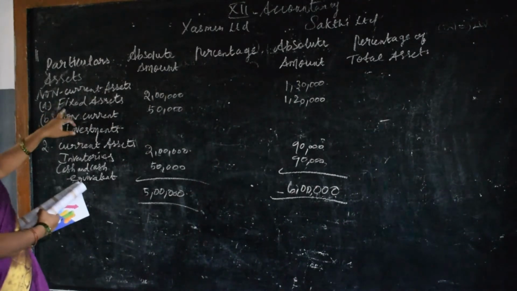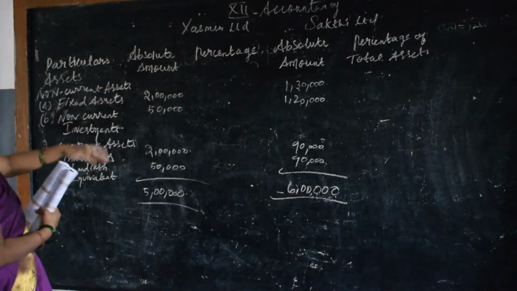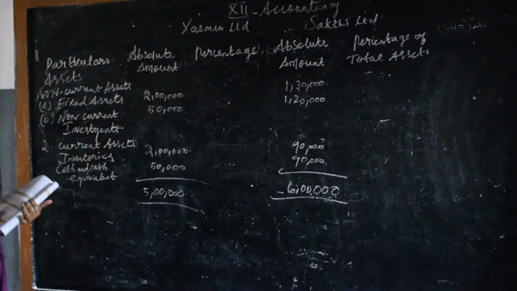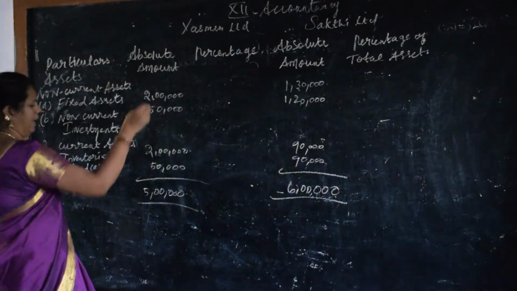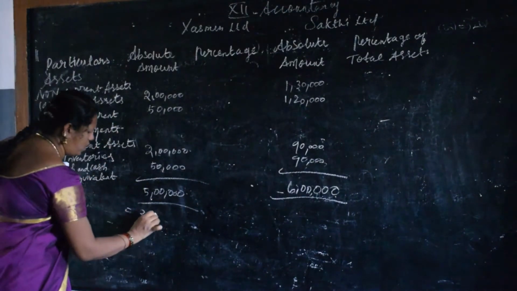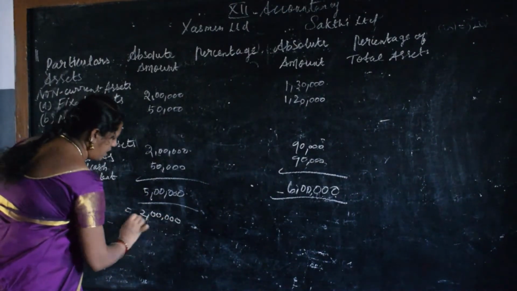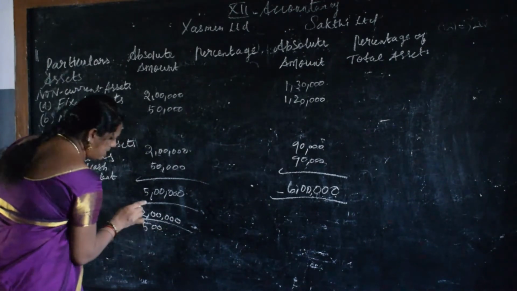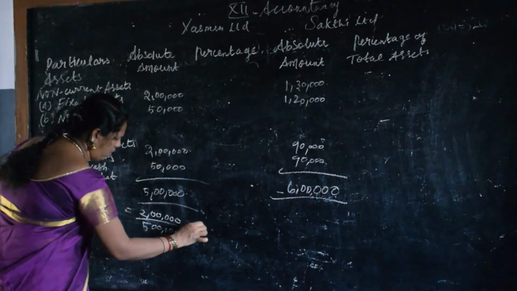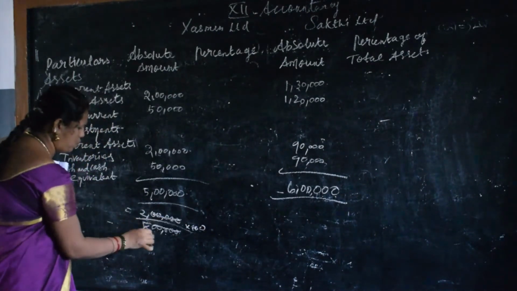Percentage of the revenue from the fixed asset: 2 lakh by 5 lakh into 100. Okay? 2 lakhs by 5 lakh. This is the base. Into 100. Okay? 5 zeros, 1 times.